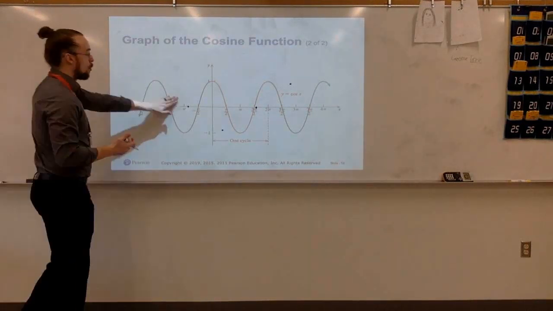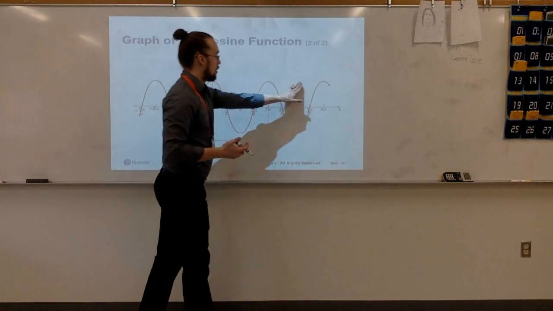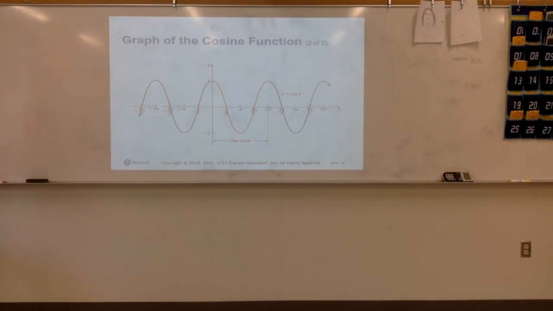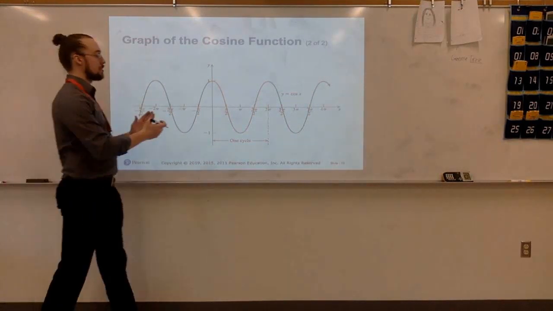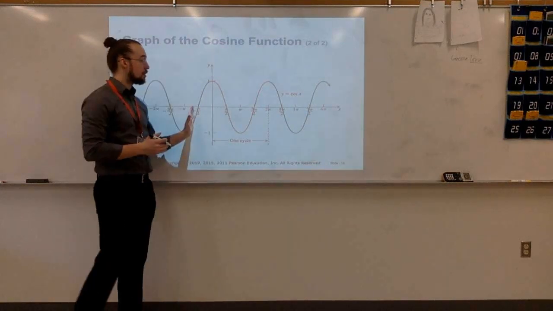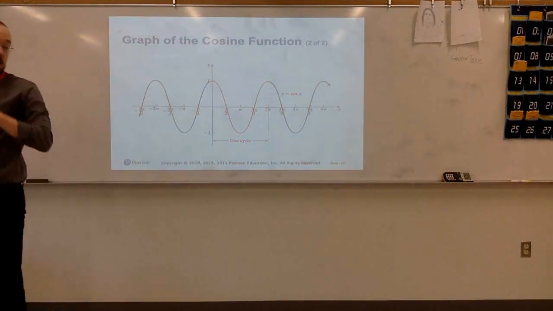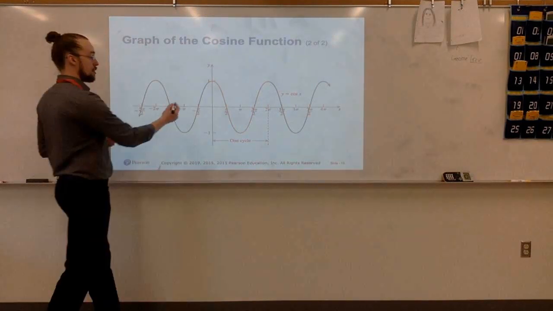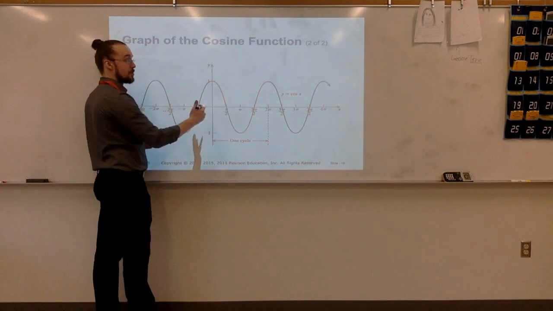One thing that we can see is that the sine and the cosine function look really similar. Sine and cosine are actually the same graph, just shifted pi over 2. Remember this is the cosine function.